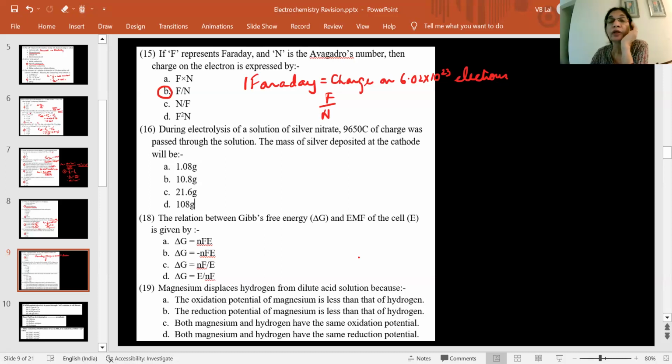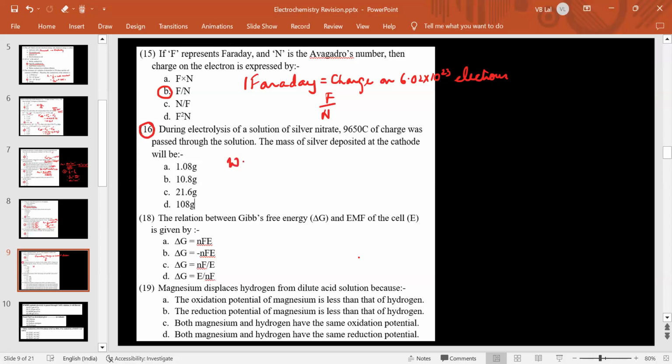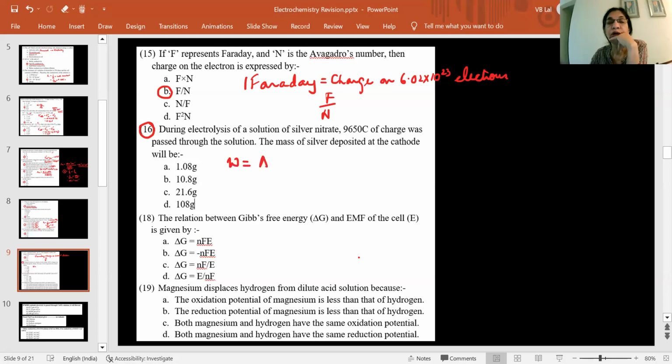Then 16th, during the electrolysis of a solution of silver nitrate, 9650 coulombs of charge was passed through the solution. The mass of silver deposited at cathode will be? Vishal, can you answer the 16th question? W is equal to atomic mass into I into T divided by valency into 96500.